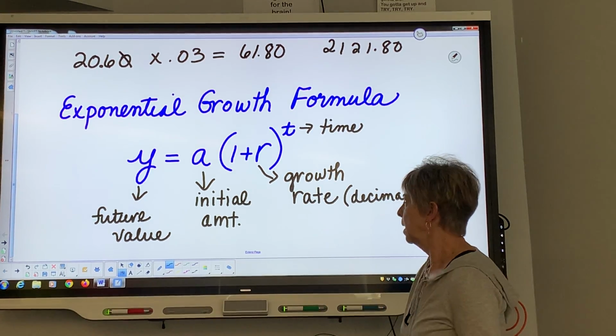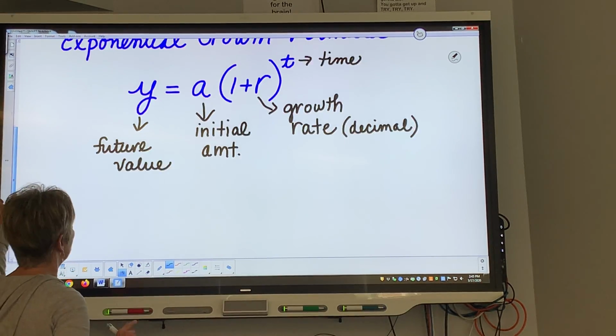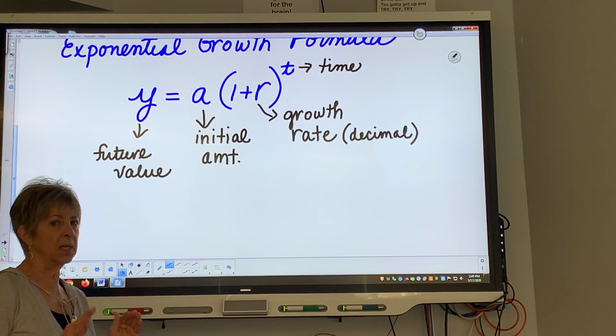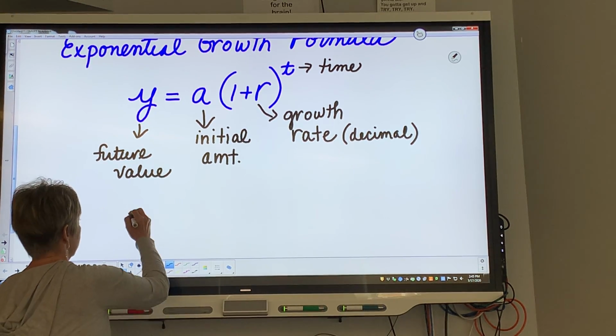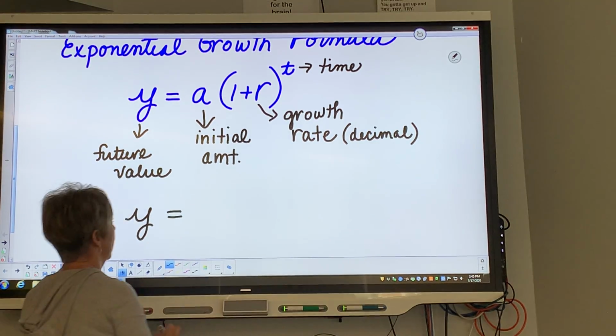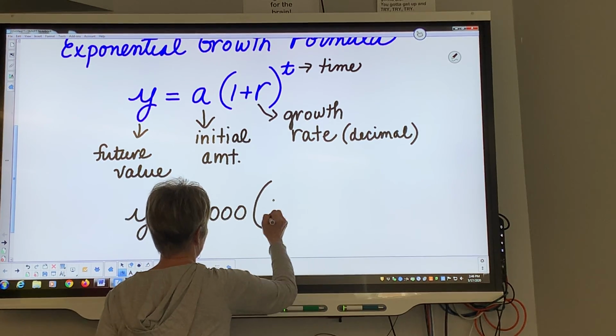Okay? So if I want to use this formula to find out a little bit quicker way how much I'm going to have in 4 years, that's what I want to find, is Y. So I'm going to put Y there. My initial amount A is $2,000.